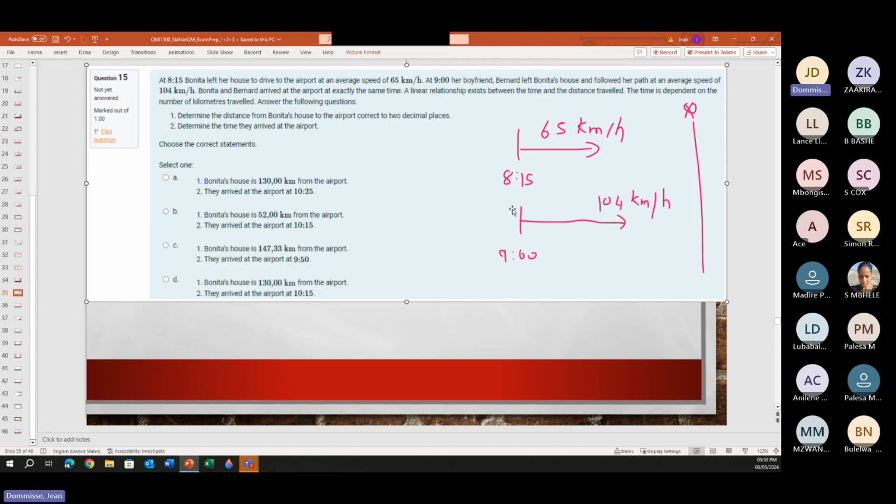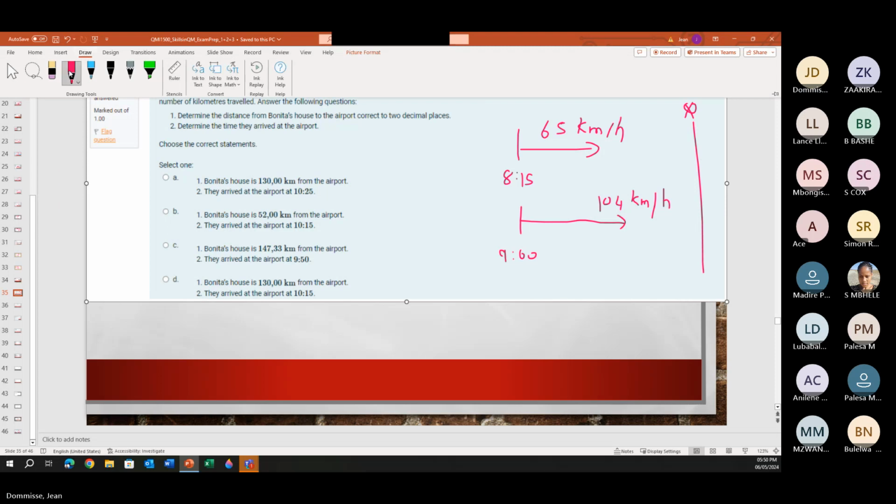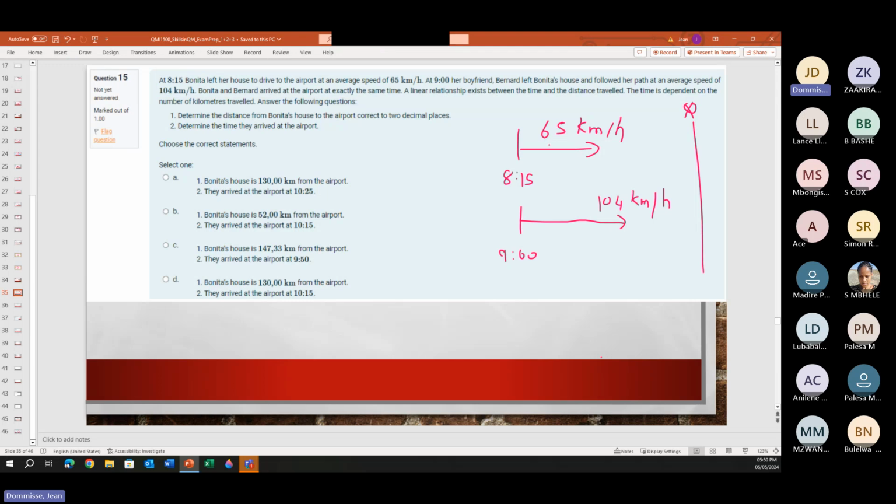So distance stays the same. Then we have that she travels from 8:15 at 65 kilometers an hour. He travels from 9 at 104 kilometers an hour, and then they'll meet at the same time.